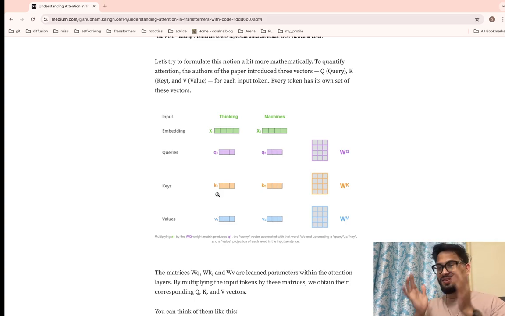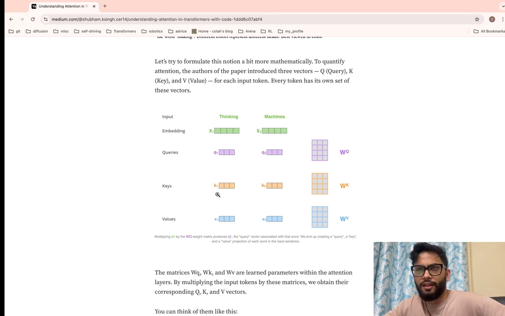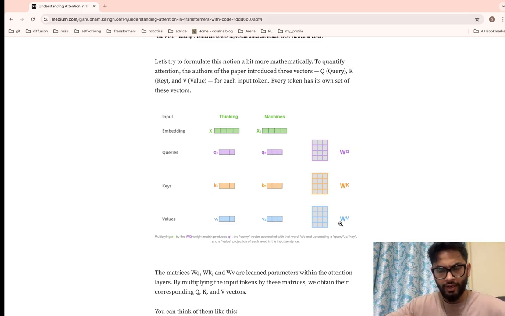So in the mathematics of the things, the authors say that to calculate and quantify these relationships, we introduce three vectors corresponding to every token: query vector, key vector, and value vector. Every token has its own set of three vectors. How do we calculate these vectors? We maintain these matrices WQ, WK, and WV inside the attention layer.